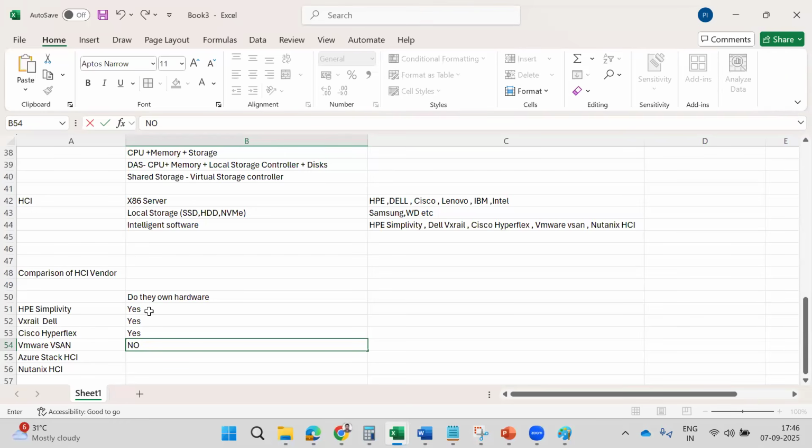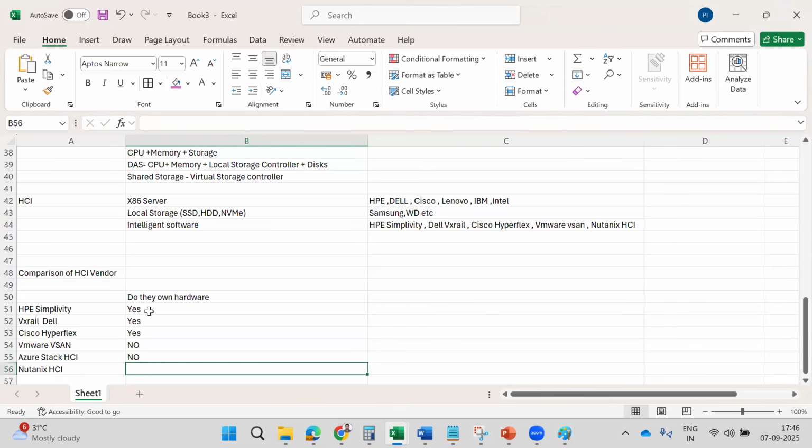They support all the servers in the market. Azure Stack HCI, no. Nutanix HCI is also no. Sorry, Nutanix is yes. They are not manufacturing hardware, but they own hardware like Supermicro servers. They buy Supermicro servers, rebrand and sell them in the market. But at the end of the day, Nutanix has its own hardware.